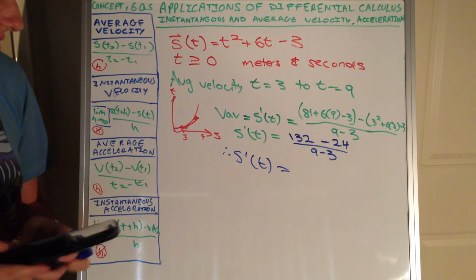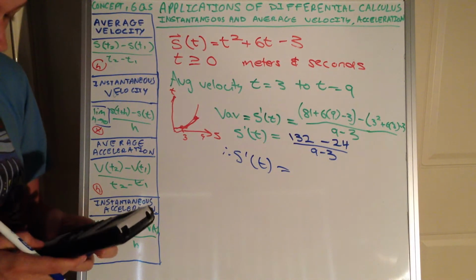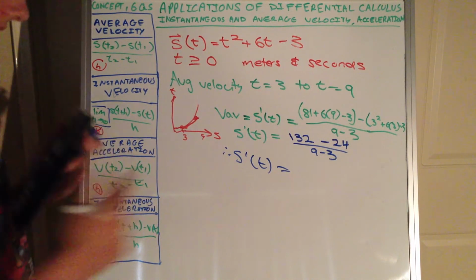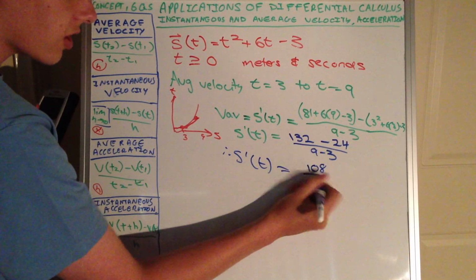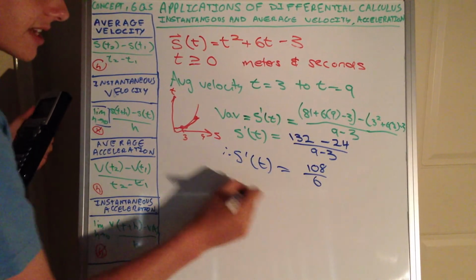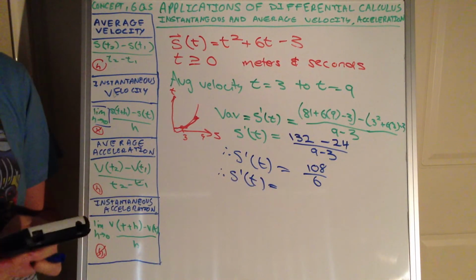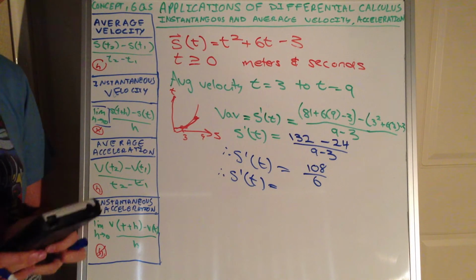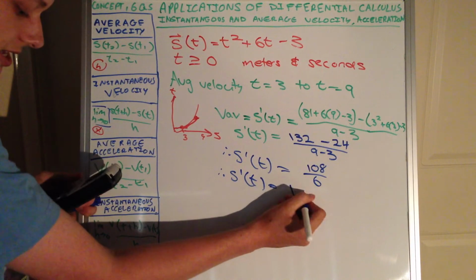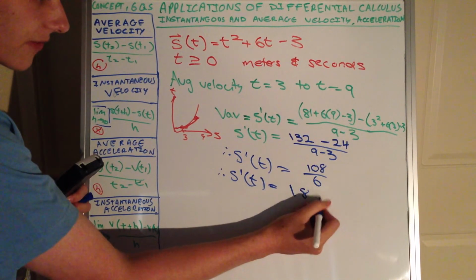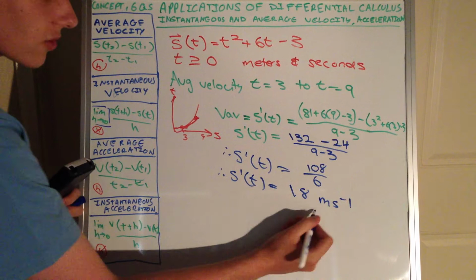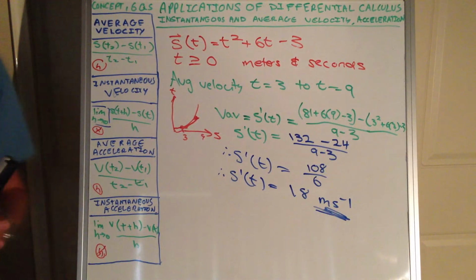And therefore our s prime of t, we can work that out. First off, we just do the numerator, so we have 132 take 24, and that gives us 108 over, and then 9 take 3 is 6, so our s prime of t is going to be equal to 108 divided by 6, which is obviously 18, so therefore it's in meters per second. Always remember units, especially in physics here.